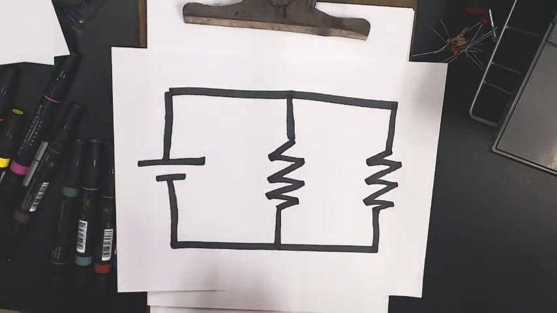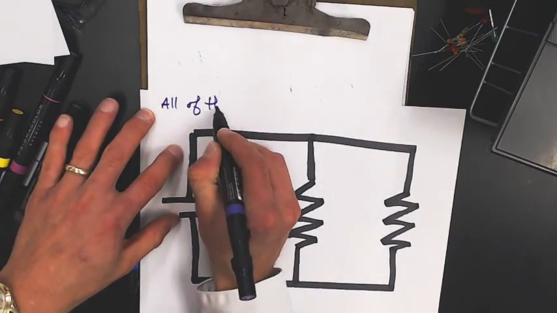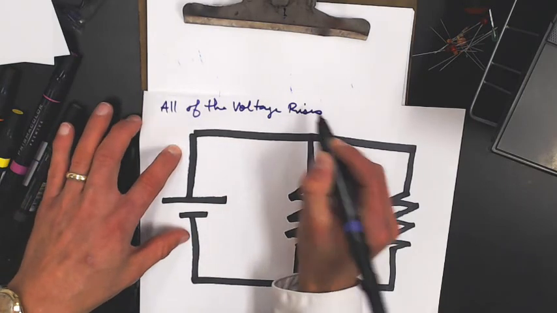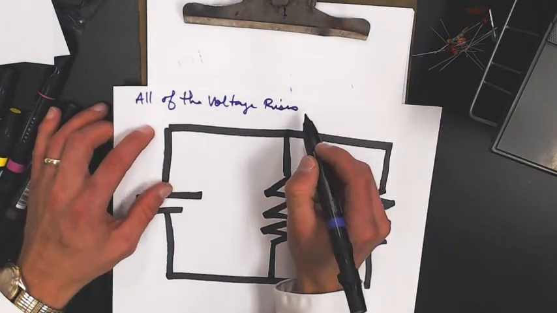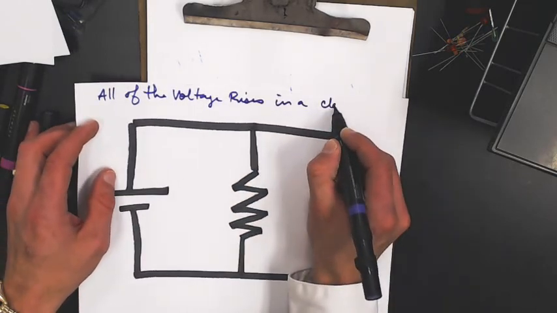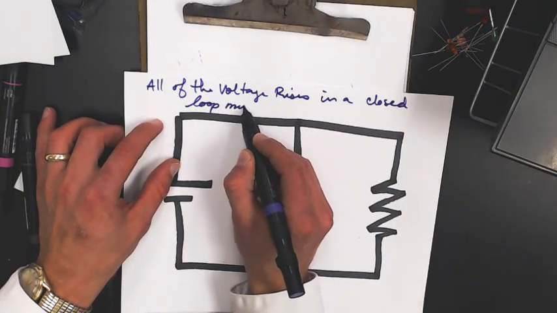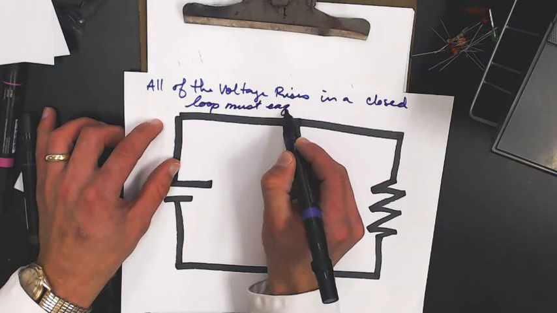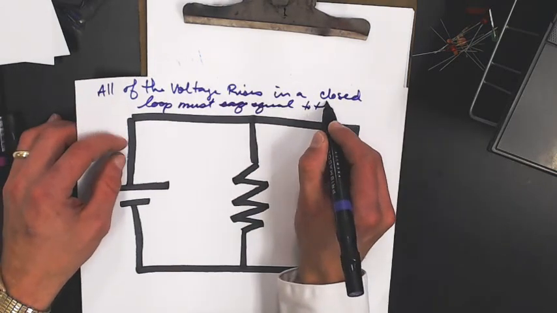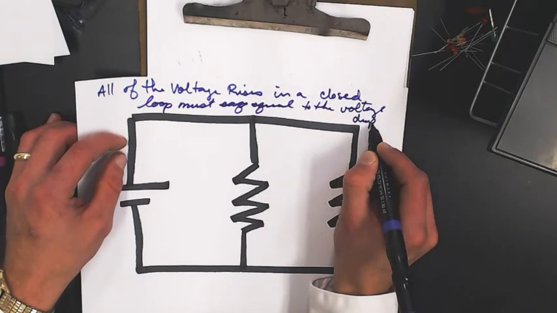I'm sorry, I said that wrong. All of the voltage rises in a closed loop must equal, I spelled equal wrong, equal to the voltage drops.